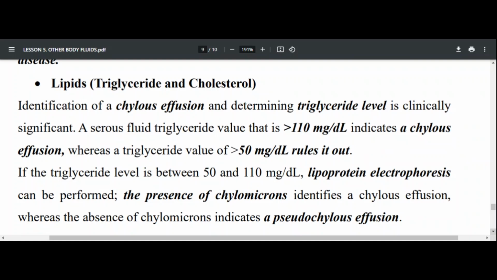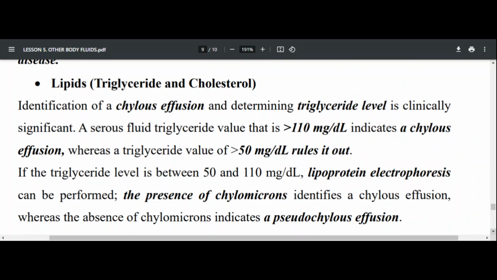If triglyceride is between 50 and 110, then we can do lipoprotein electrophoresis in order to identify chylomicrons, because chylomicron is present only in chylous effusion, but is not present in pseudochylous effusion.